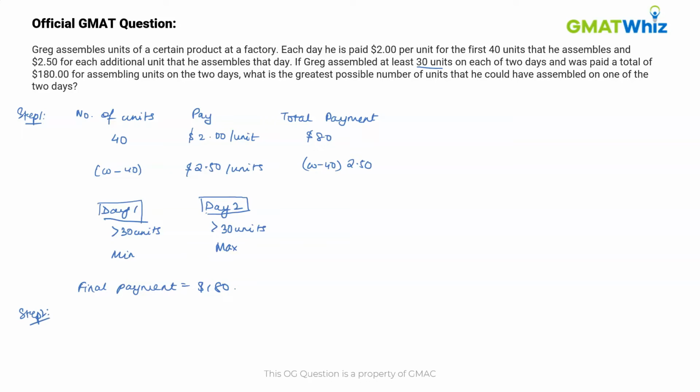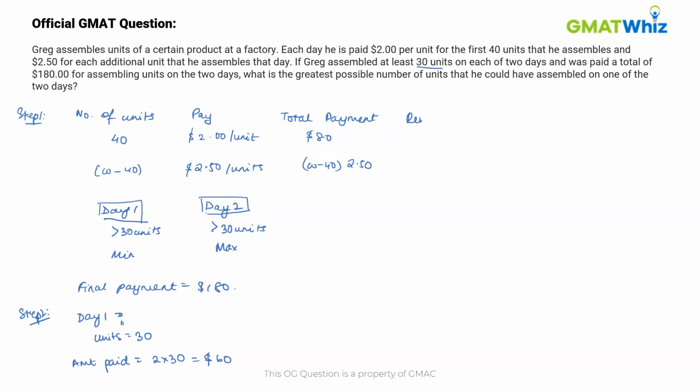So if on day 1 the minimum number of units that Greg can assemble is taken as 30 units, and for each of these 30 units Greg is paid at the rate of $2 per unit, the amount paid for 30 units to Greg on day 1 will be equal to 2 times 30, which is $60.